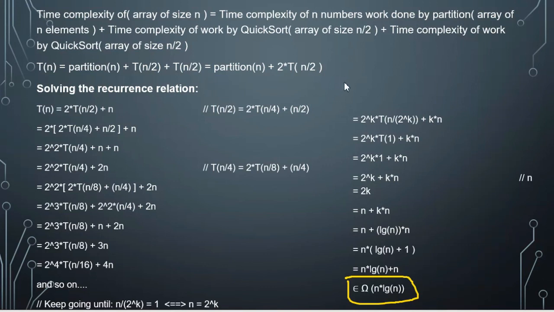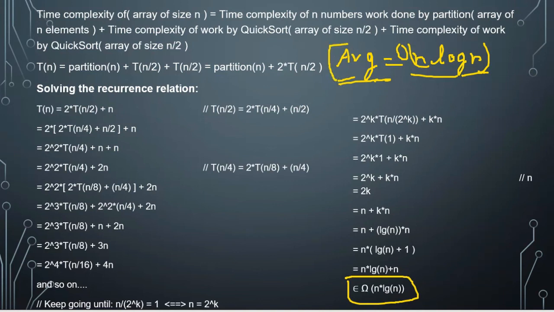As we have mentioned earlier, the time complexity of the average case scenario will also be n log n, because we have to choose the pivot randomly in that condition, so the time complexity is big O of n log n in the average case scenario also.